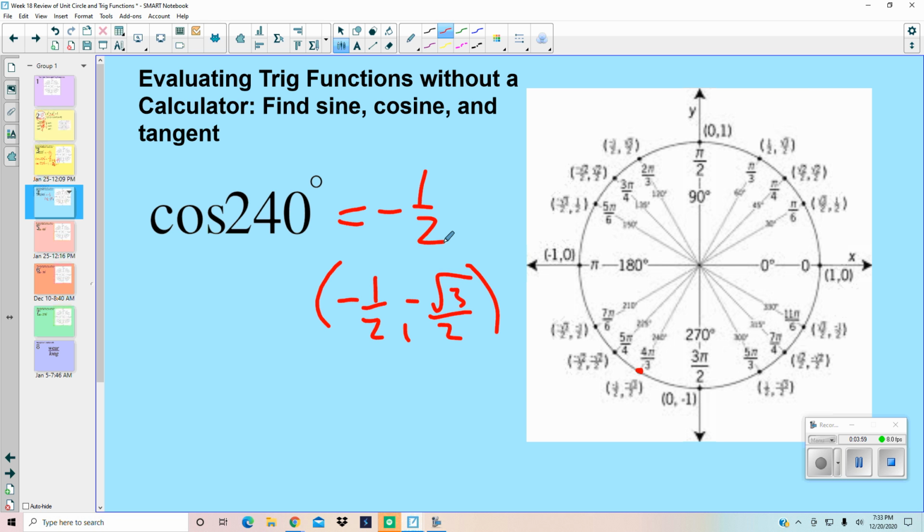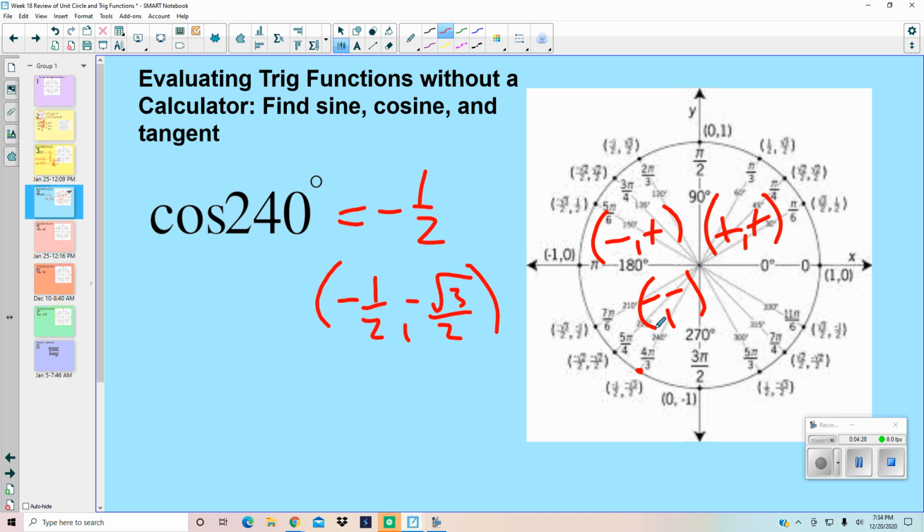You can also plug that into your calculator, as long as your calculator is in degree mode. So you go to mode, make sure it's in degrees, and you punch in cosine of 240 and you get negative 1/2. Remember that in the first quadrant, my x and my y, meaning my cosine and my sine, are going to be positive. In the second quadrant, cosine's negative and sine is positive. In the third quadrant, they're both negative.